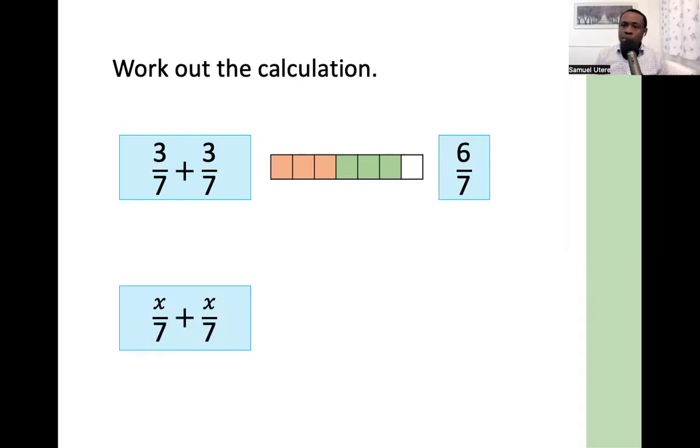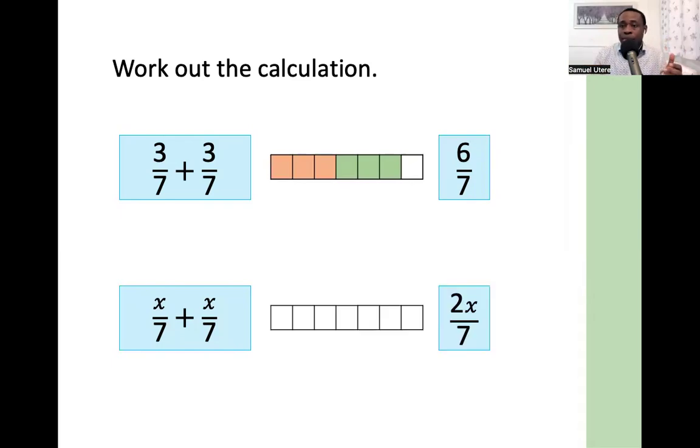What do you think we will do here? Well, it's not very much different. By now, you know your principles of algebra, and you add to that knowledge the principle that if you have the same numbers in the denominators, you simply just add the numerators. So x plus x is 2x, so 2x/7.